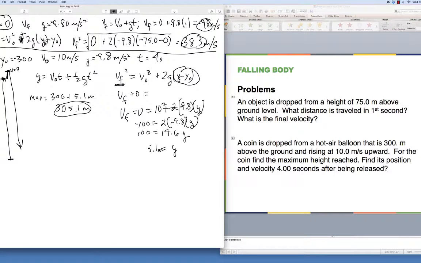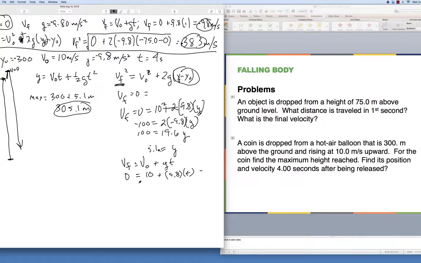Now the time it takes to do that, again, we can calculate in a couple of different ways. We know everything in this equation except t, or we can use something even simpler. Vf is equal to v0 plus gt. So 0 is equal to 10 plus minus 9.8 times t.